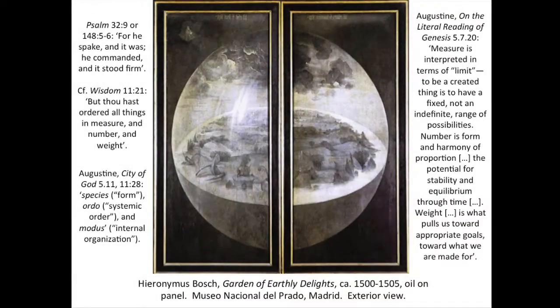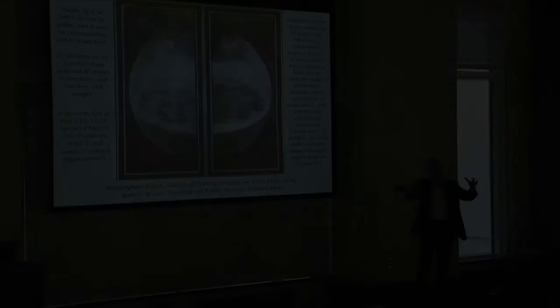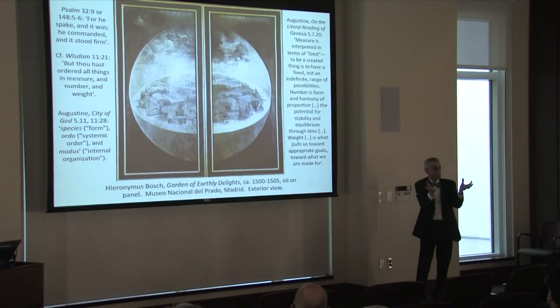The exterior depicts the world as it's described in Psalms 32 and also Psalm 148, but primarily Psalm 32. And Psalm 32, which is a psalm of praise to the Lord, describes how, in his majesty and power, the Lord gathers all of the waters of the world as if in a crystalline vessel.